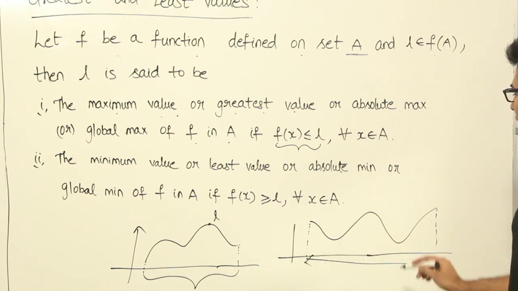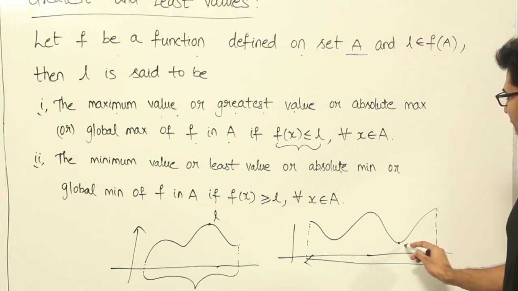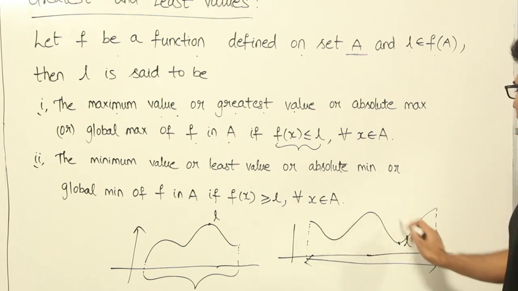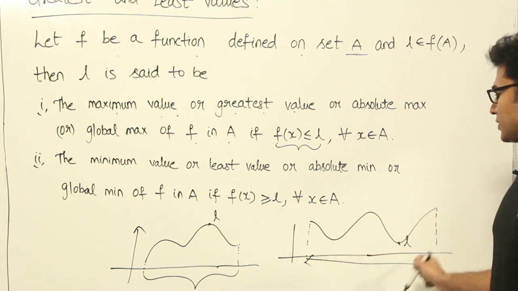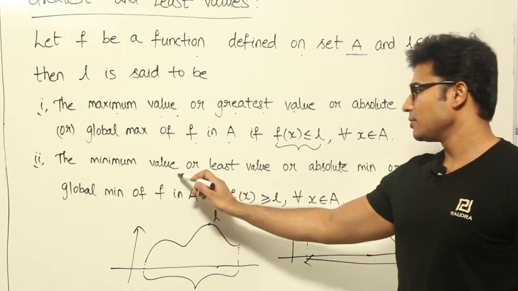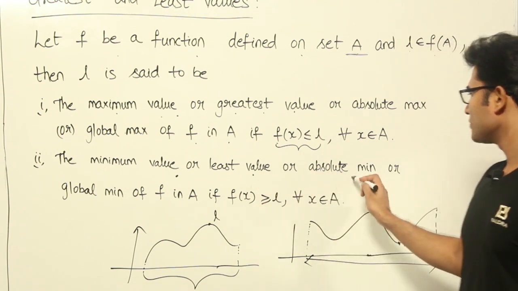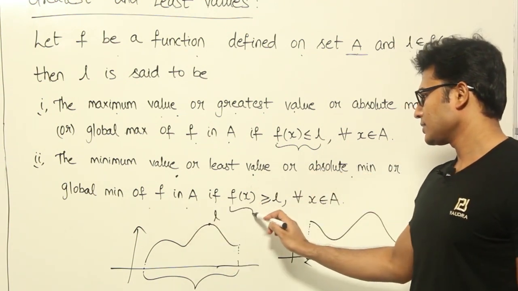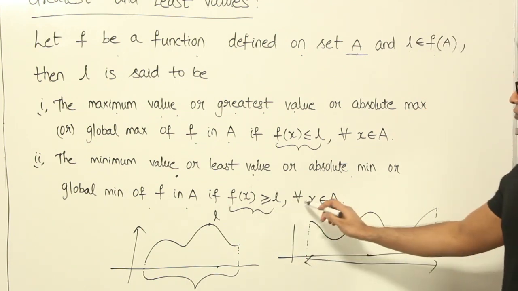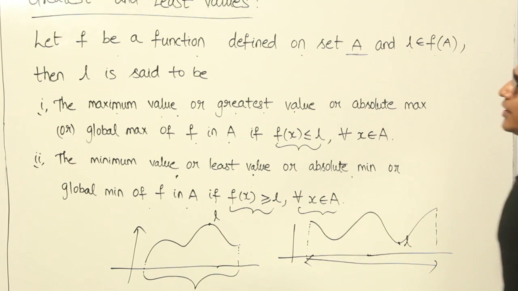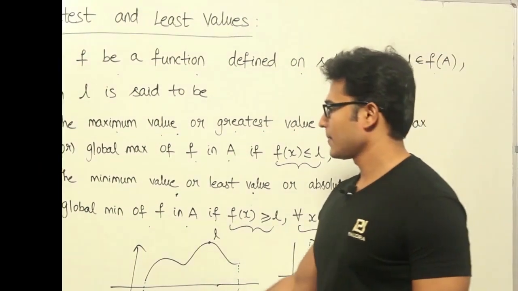Now if you are able to find a value L at which the function value is least or minimum compared to the function value at any other points in this set, then we can call this the minimum value. So the minimum value or least value or absolute minimum or global minimum of f in A if f of x is greater than or equal to L for all x belongs to A. Got it? So this is the definition of greatest and least values, okay?